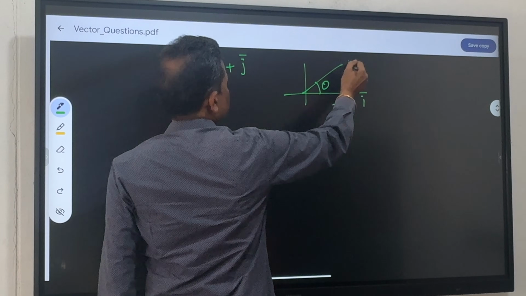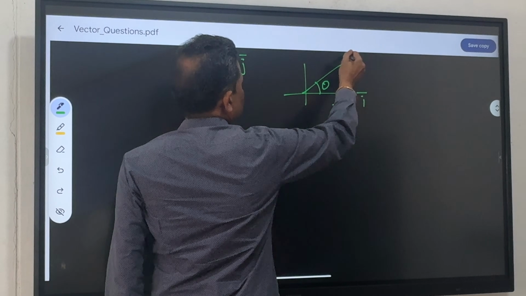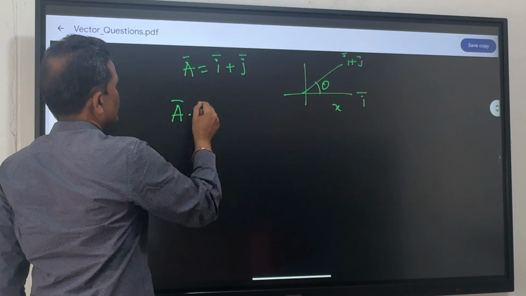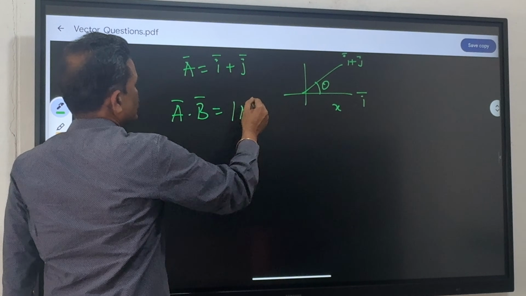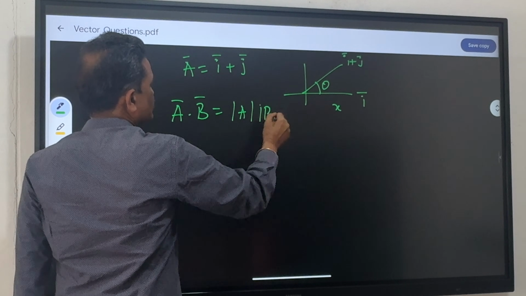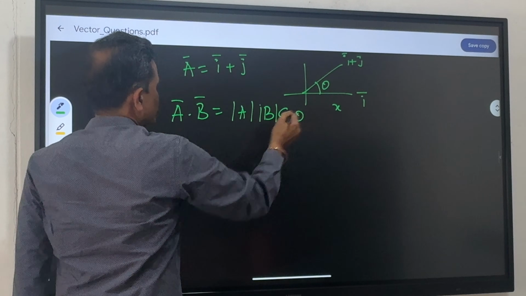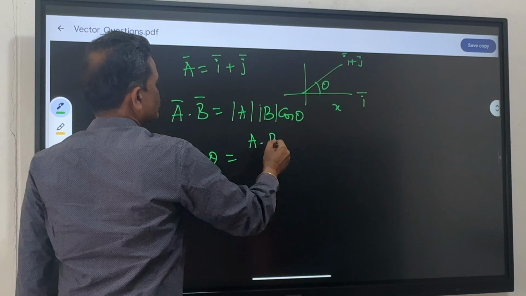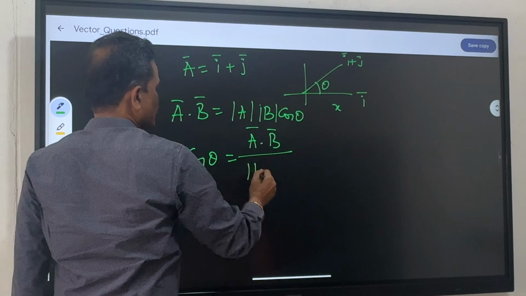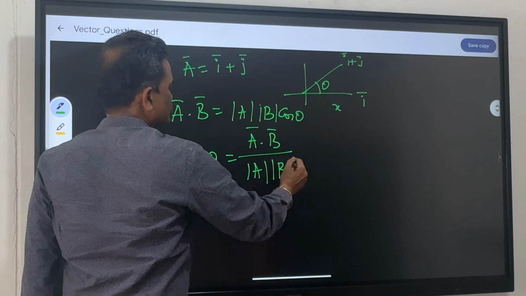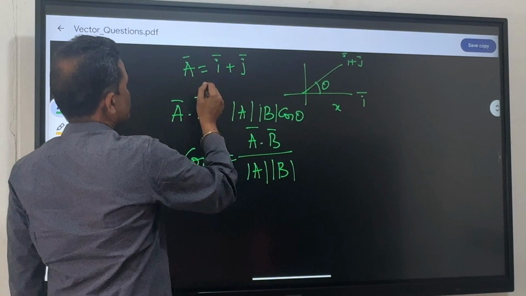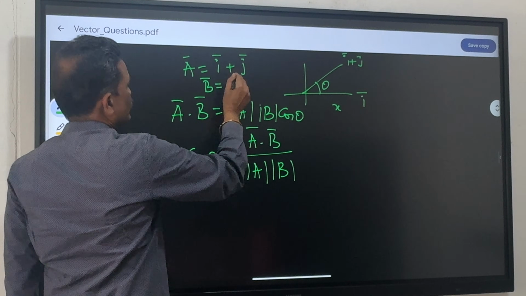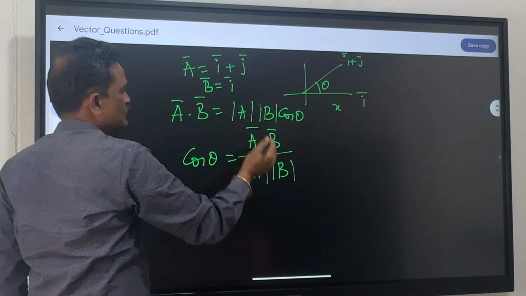By making use of dot product, the formula is A dot B is equal to mod A mod B cos theta. So cos theta is equal to A dot B by mod A mod B. The other vector is nothing but x-axis, having unit vector i. So i dot i is equal to 1.